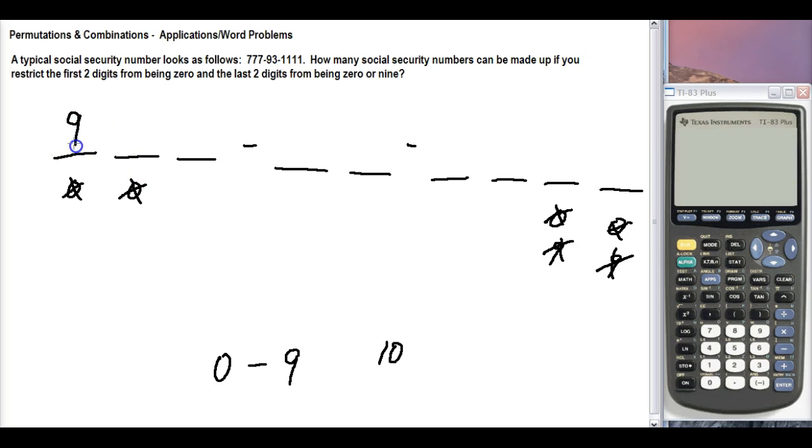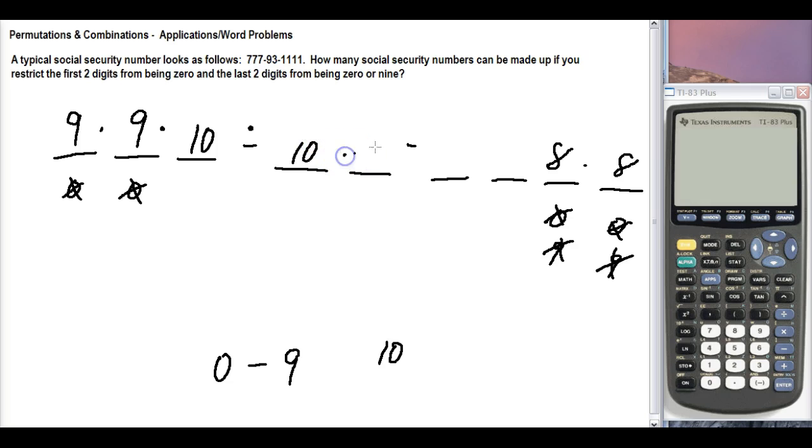So if we're choosing a Social Security number, we have to figure out what the first number is first. So we got 9 numbers to choose from there. And then for this one, since we're limited to 0, we have 9 numbers to choose from there as well. Okay. For the last 2, we lose 2 of the 10, so therefore we have only 8 left for the last 2. And of course, for all the others, we have no restrictions here.